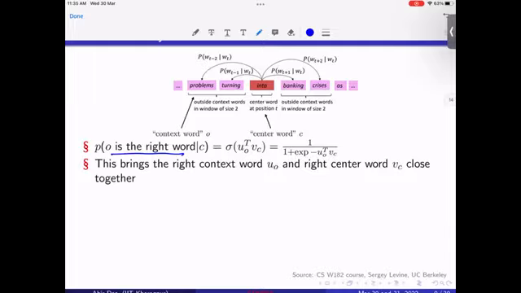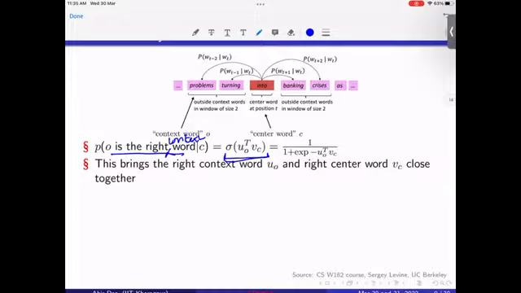We are relying on our good old friend, the sigmoid function. We earlier saw that it can be used very well for binary classification problems. And how do I find whether O is the right context word? What was the underlying principle?